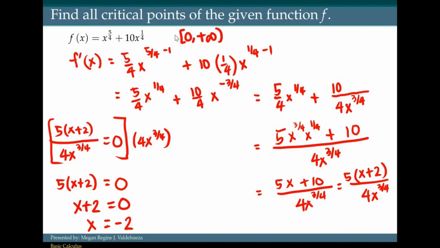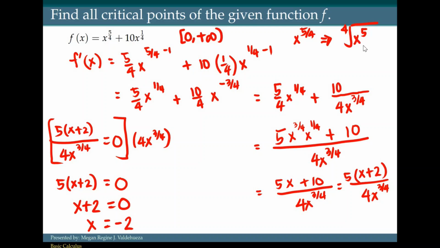Why is that so? Because if we have a negative value here, actually you can verify this with your calculators. So if we substitute a negative number, for example, negative 1, x to the power of 5 over 4, if x is equal to negative 1, this can be written as the fourth root of x to the power of 5.